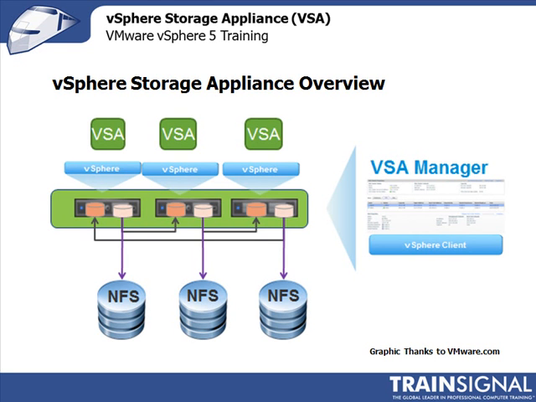They present it as NFS, and then you can store your virtual machines on it. This way, of course, you don't have to buy a separate hardware-based storage area network. And even if you did, that storage area network wouldn't be redundant. Now, would it? It would just be a single individual storage area network, especially if you compared it to the price tag that VMware's selling the VSA for.